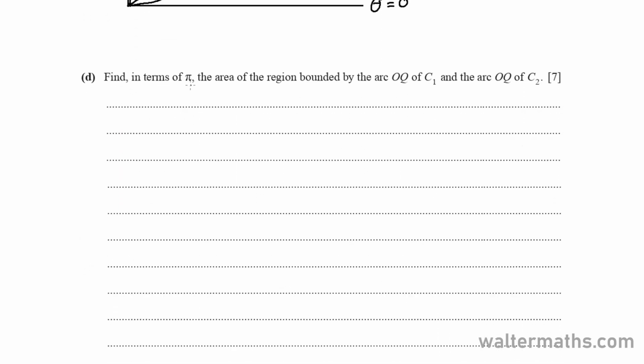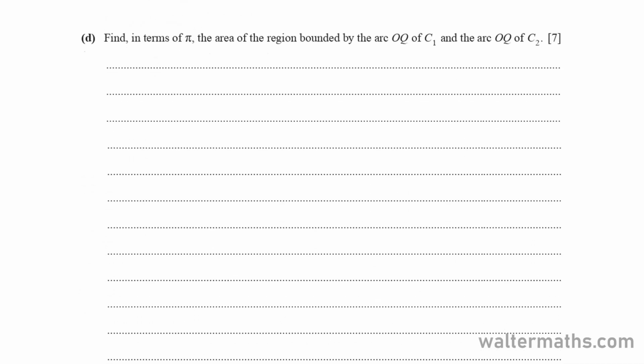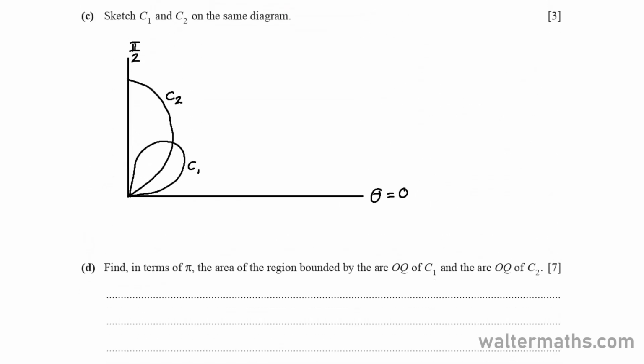Find, in terms of pi, the area of the region bounded by the arc OQ of C1 and the arc OQ of C2. So this is basically the region bounded by the two curves. Now if we look at our diagram, they're talking about the region bounded by the arc OQ.